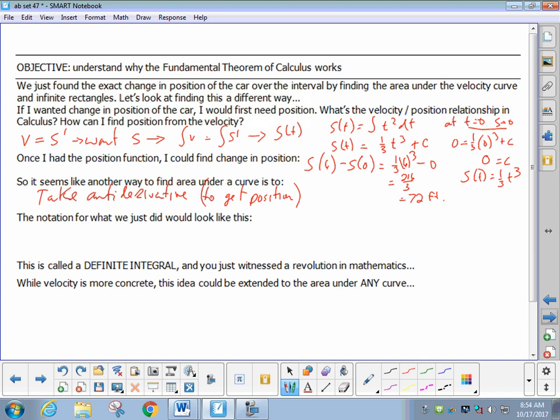And then after that, we had position, and I found the difference in the two positions at the end point and the starting point. I took the difference in the position at the end and start of the time interval.